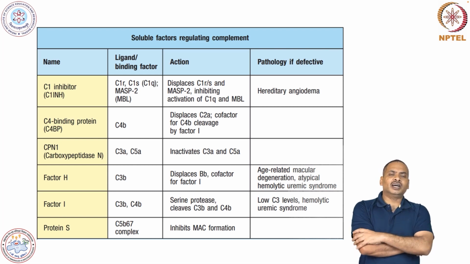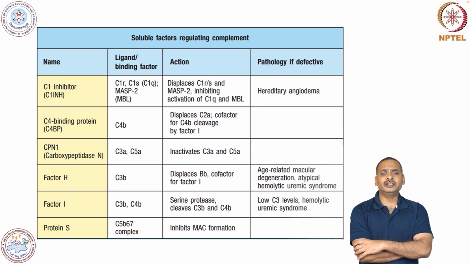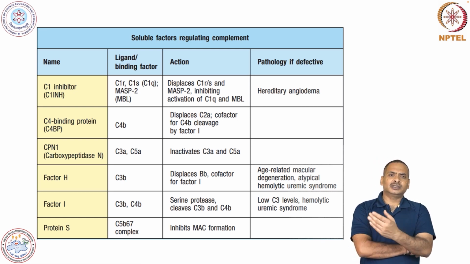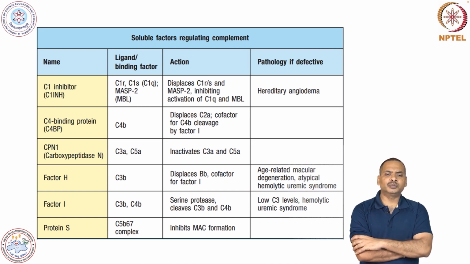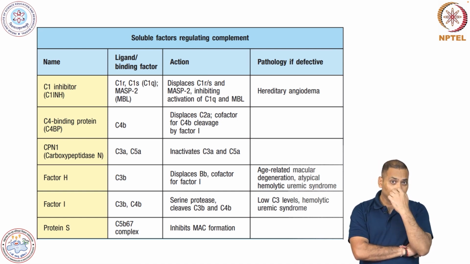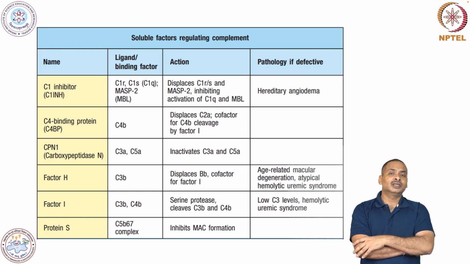There is factor I, which interacts with C3b and C4b. This is a serine protease, and you can understand that C3b is an important constituent of C3 convertase, and C4b also.